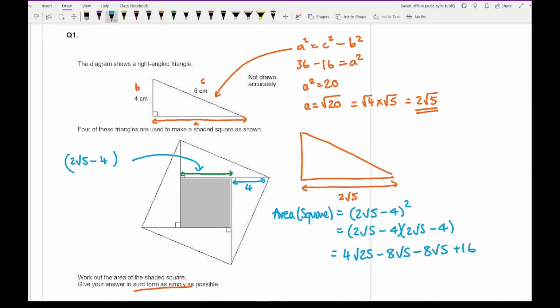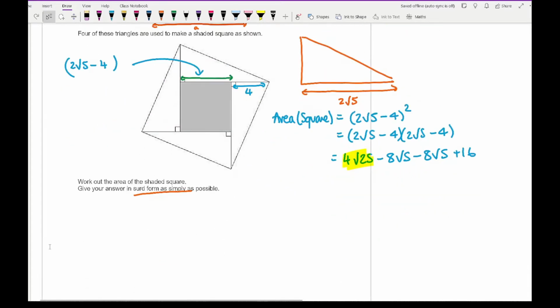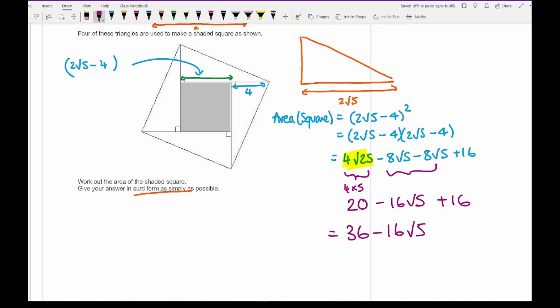Then if I neaten all of that up, this becomes 4 times 5, which is 20. This simplified gives me minus 16 root 5, and I've got plus 16. So that gives me a final answer of 36 minus 16 root 5, and there is my final answer.